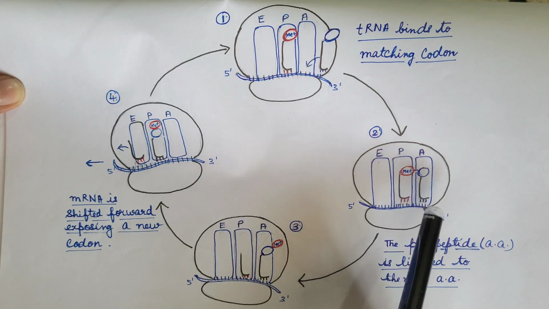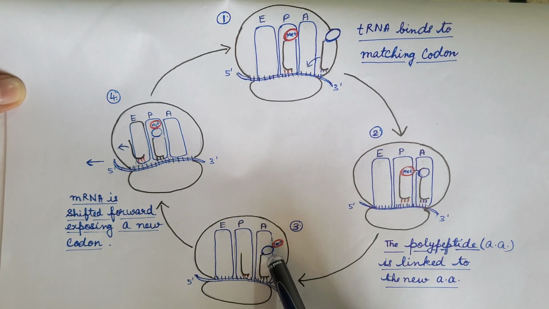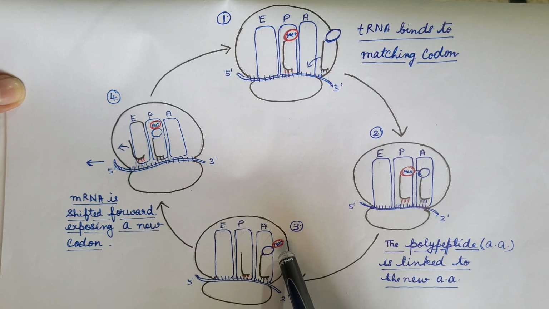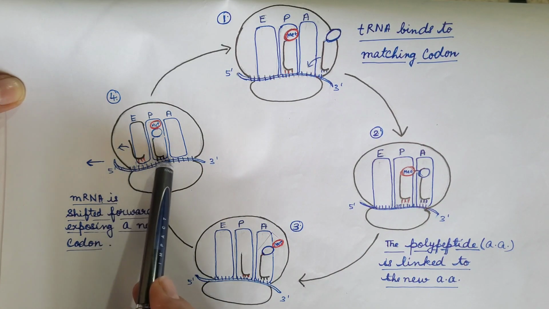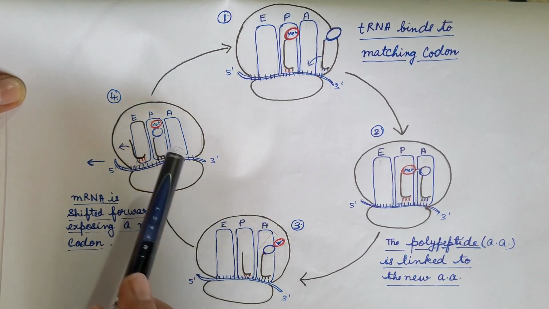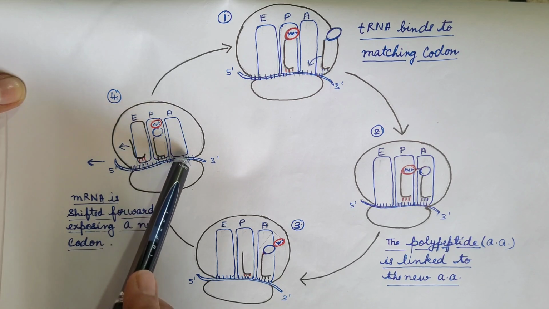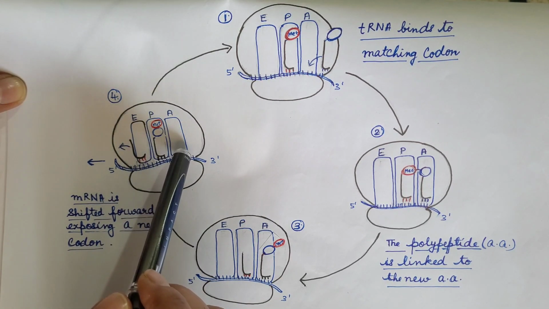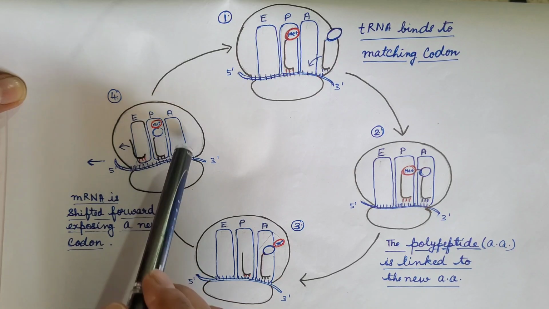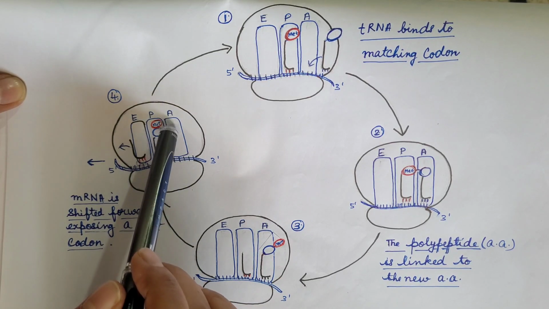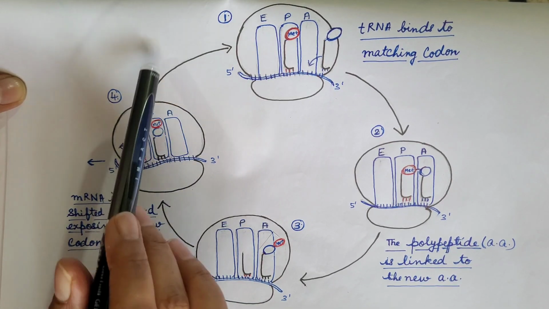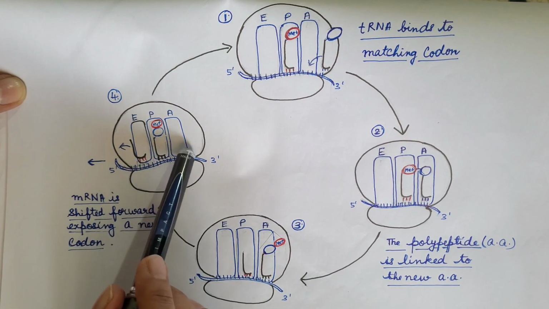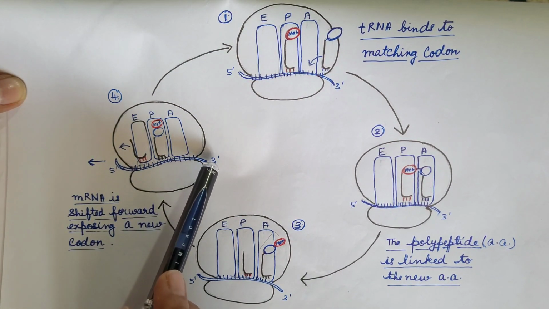In this way, new amino acid is linked to the existing amino acid or polypeptide. Then the messenger RNA is shifted forward and new codon is exposed at the A site. Again, transfer RNA carrying amino acid matching this codon comes and binds with it, and this cycle goes on till entire codon of the messenger RNA is read.